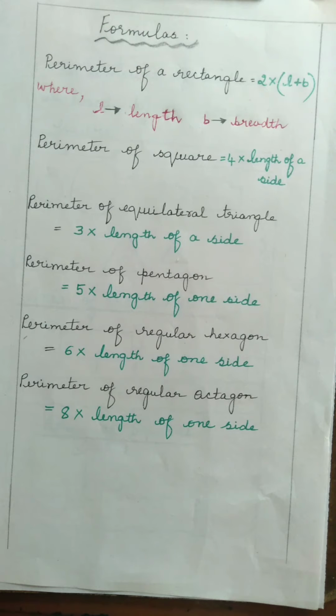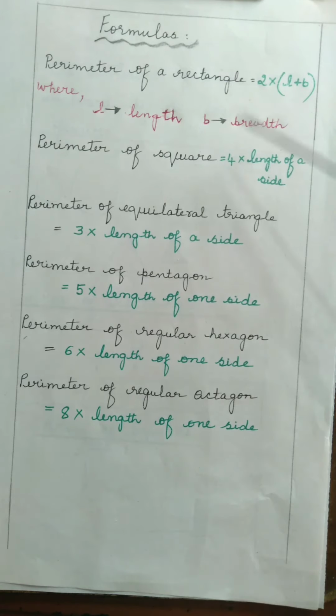One more point we need to remember, children: when all the sides are of equal length, the angles also will be of equal measure in these figures. Therefore, when all the sides are of equal length and all the angles are of equal measure, such figures are known as regular closed figures.